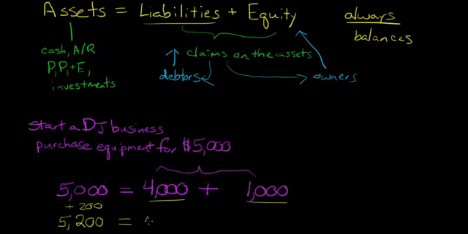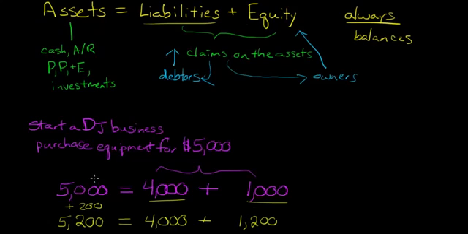So the liability side is going to stay the same because we didn't borrow to get that. But now the owner has an extra $200 of equity. So if you're the owner, now you have $1,200 in equity. There's $4,000 in liabilities, and here's your total assets.